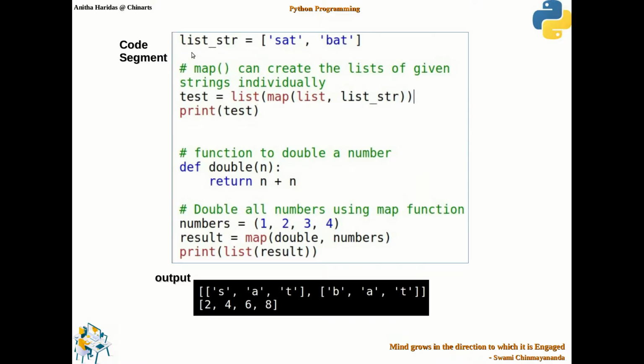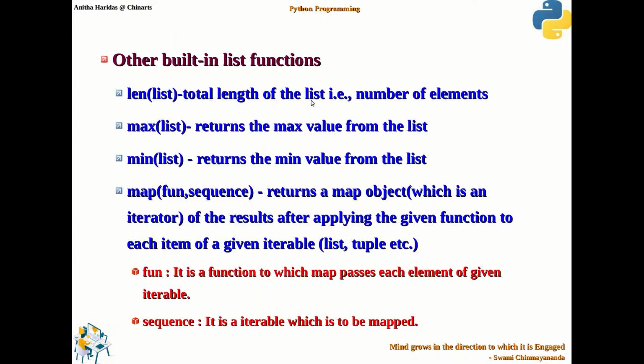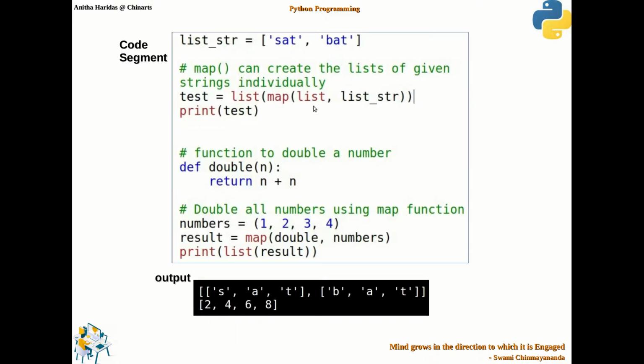And you can observe here I am declaring a list of strings. Then I am using the map function, and here the first argument must be a function, right? So I give list as a function name.